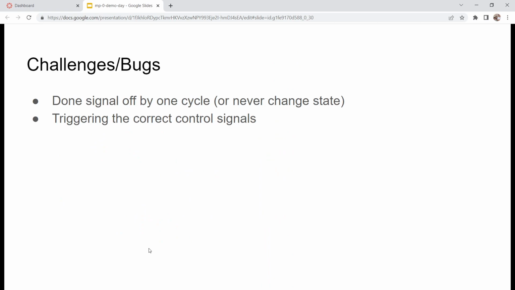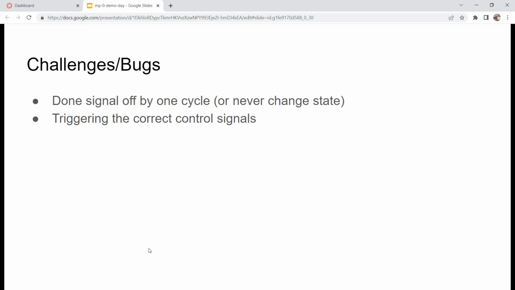For some of our bugs, we had our done signal off by 1 cycle, where it was triggering the cycle before it should have. It was doing 10,000 vectors, but the done signal was triggered at the wrong state in the finite state machine.